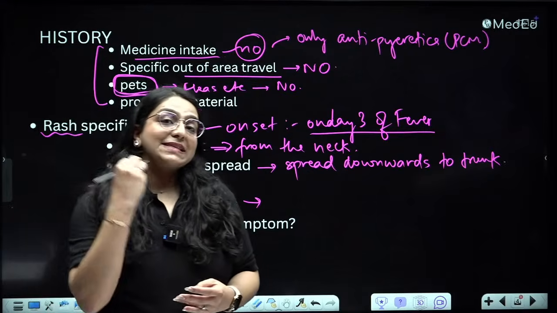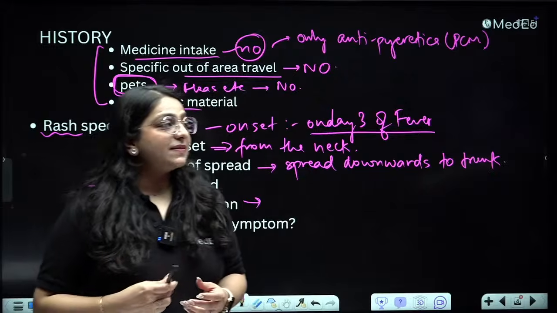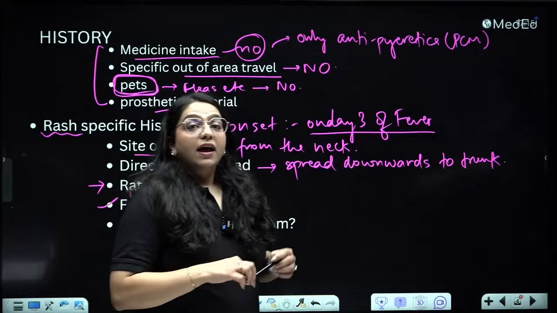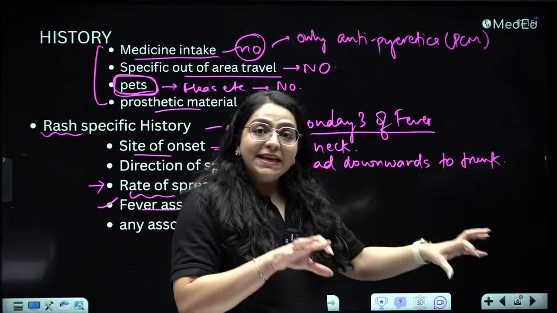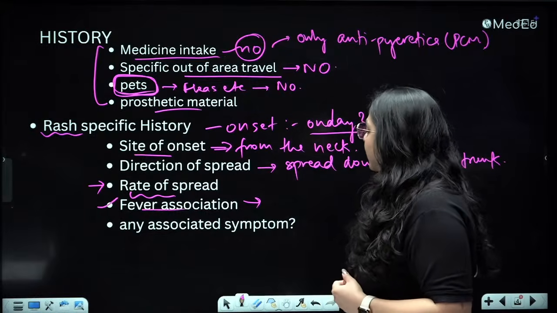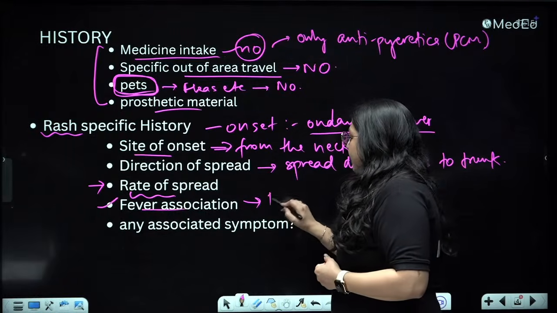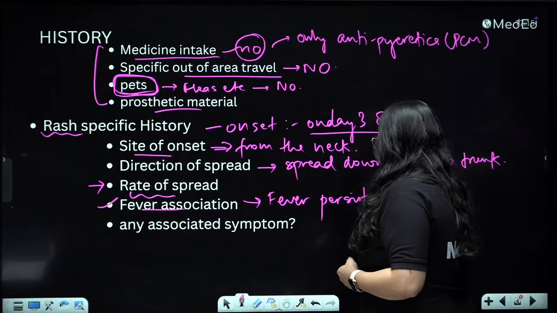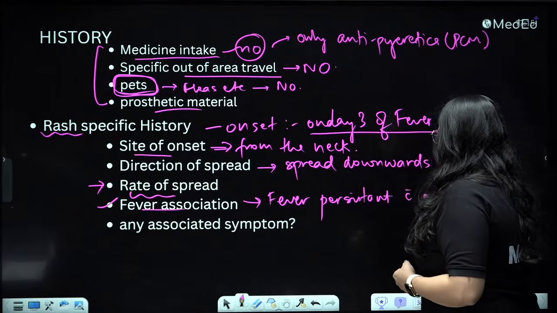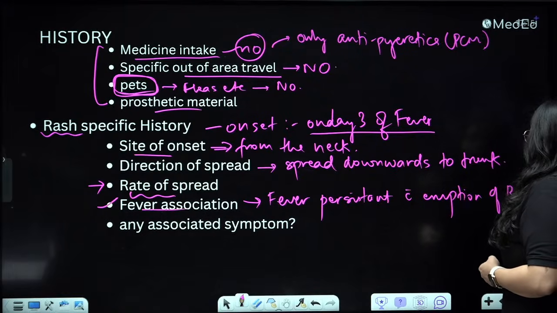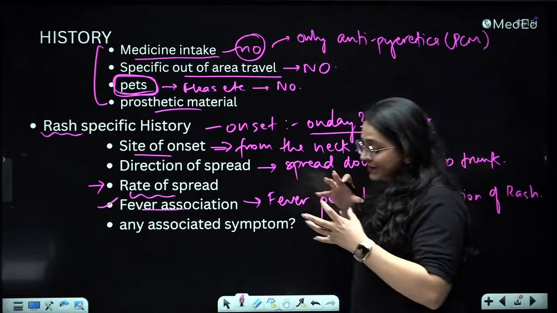If you want to give me some examples of those diseases, then you're always welcome to write in the chat box: in which diseases is fever subsiding associated with eruption of rash? So she says that fever is persistent with eruption of rash. Okay, so I am able to understand that rash and fever is going on simultaneously.